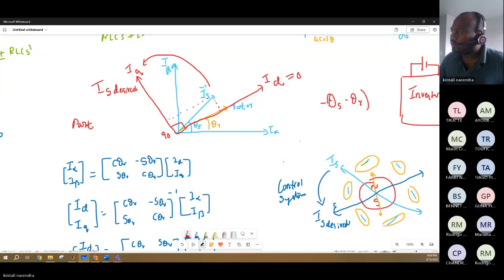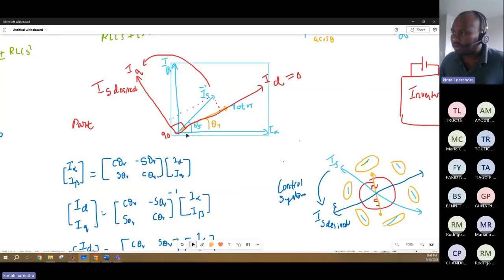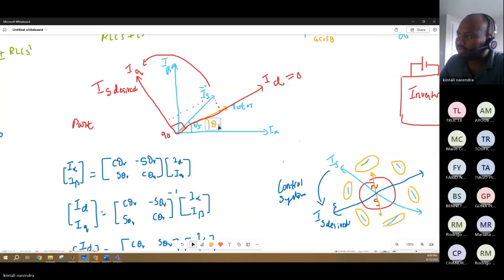No, you have to have 90 degrees in front of it. This transformation matrix is right. Here, theta r is the angle which the rotor is making with respect to I alpha, and theta s is the angle which the stator is making with respect to I alpha.